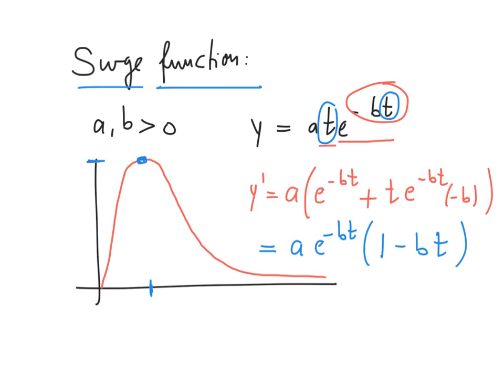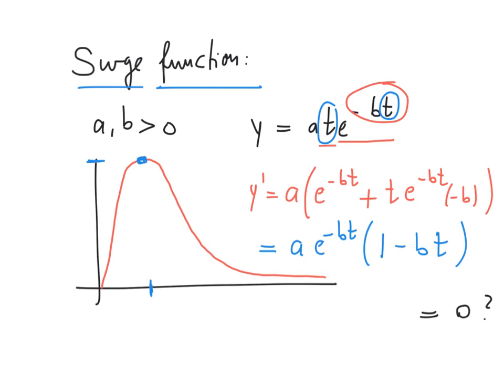So that's the first derivative. Now the question is, what is the critical point, or where does it occur? And for that we just have to set this equal to 0. For which t is this equal to 0?